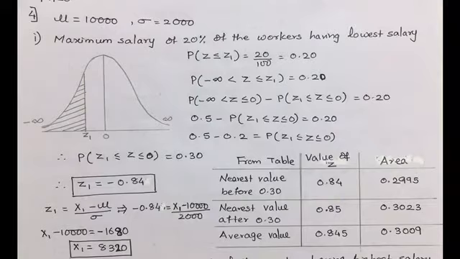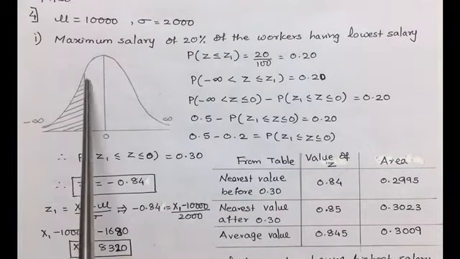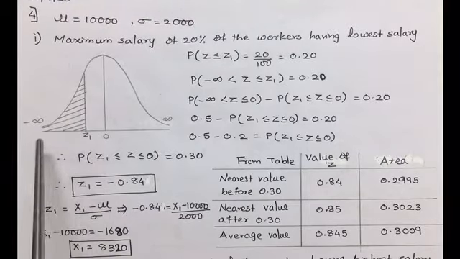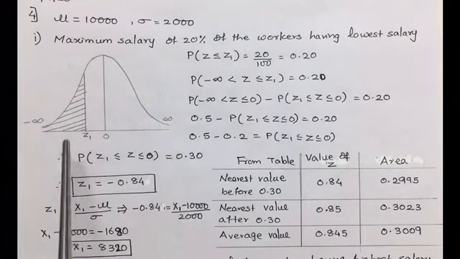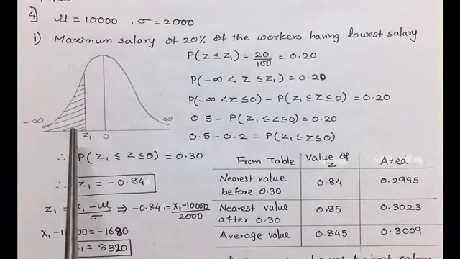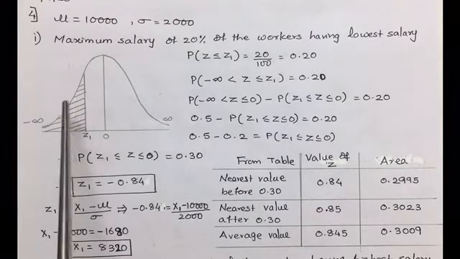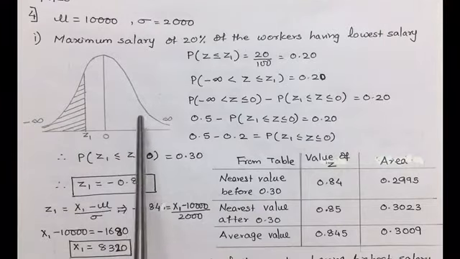Now here we have to calculate the lowest salary. The workers having lowest salaries, maximum limit. Now when we talk about the salary structure, towards the negative side we consider the lowest salary, towards the positive side will be considered as highest salary.